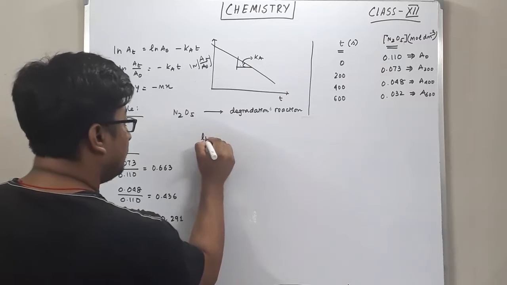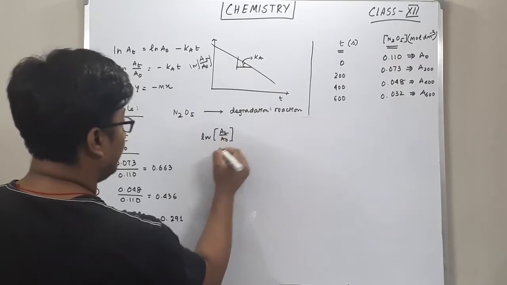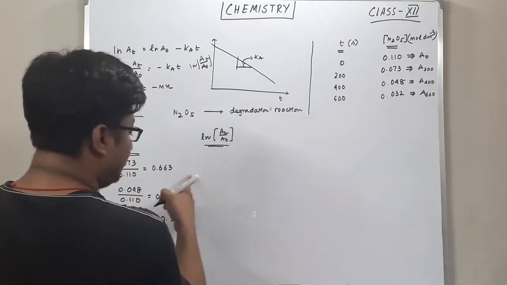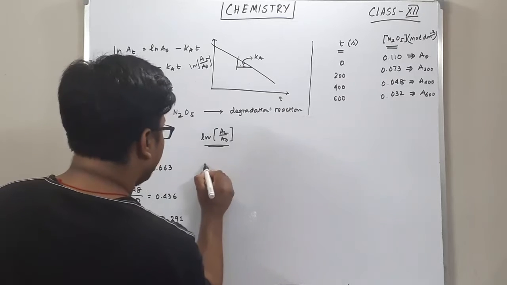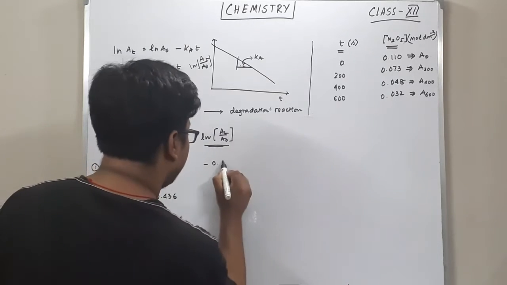Now next, what will you do? You will calculate the ln AT by A0. Now what will be the value here? ln of this quantity will give you minus 0.411.